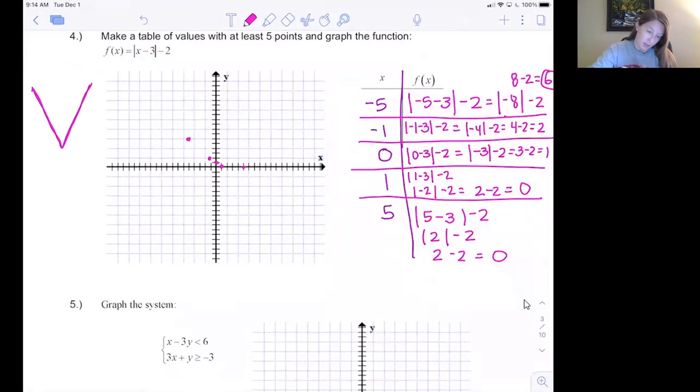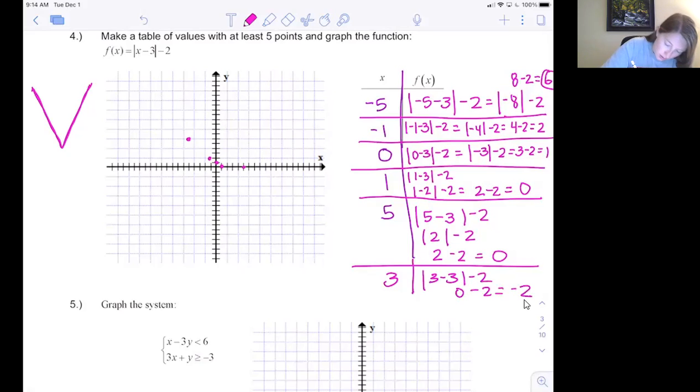So I'm going to do the point +3. I'm going to make sure that's a point on my graph. So what it's going to be 3 minus 3 minus 2, which is 0 minus 2, which is -2. So I'll have 1, 2, 3, 1, 2.